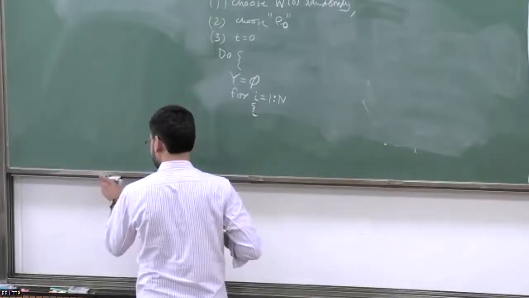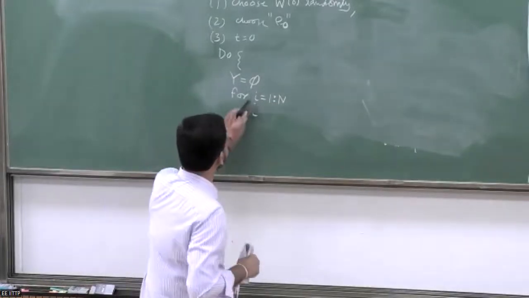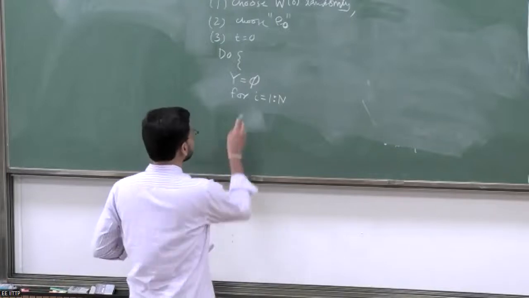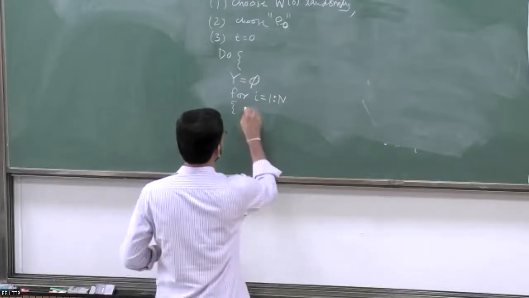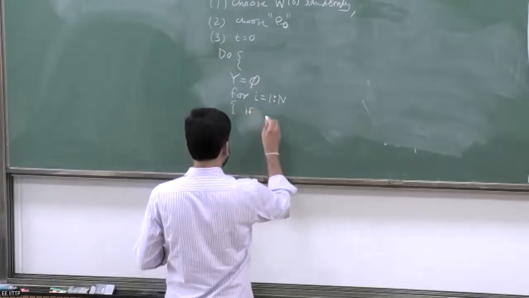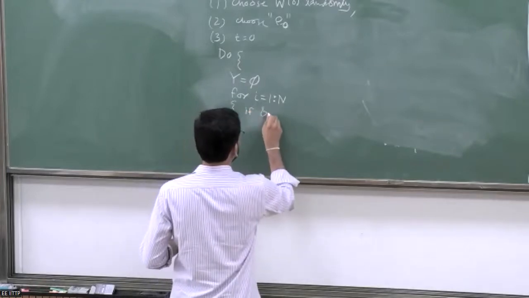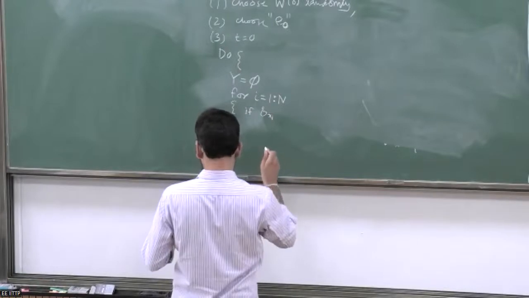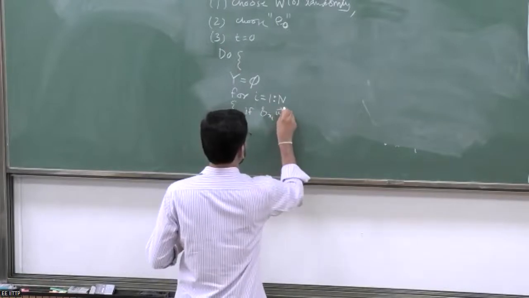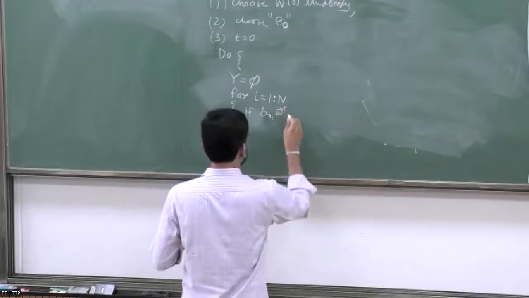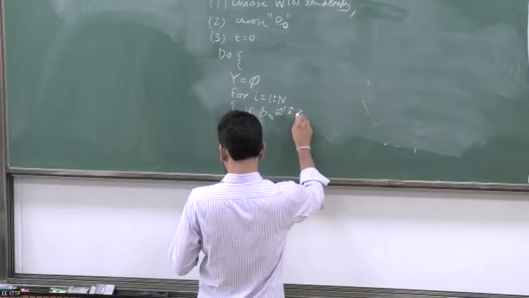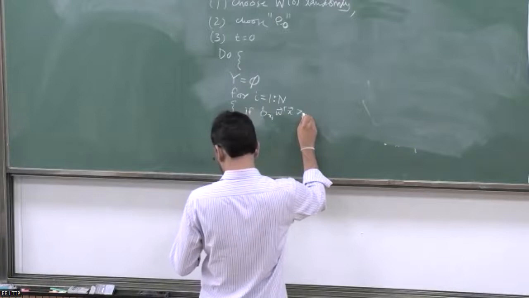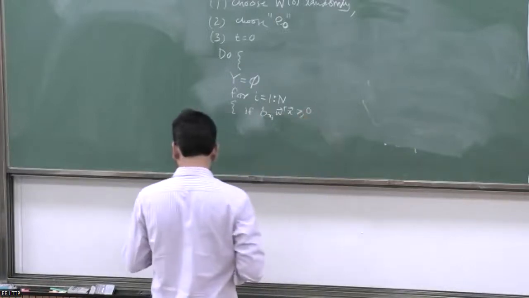For each of them, what I will do is, if delta xi times w bar transpose times x bar is greater than, I don't know why I wrote it, but let me write it still.